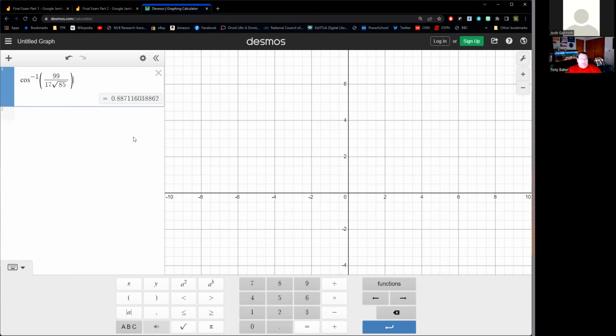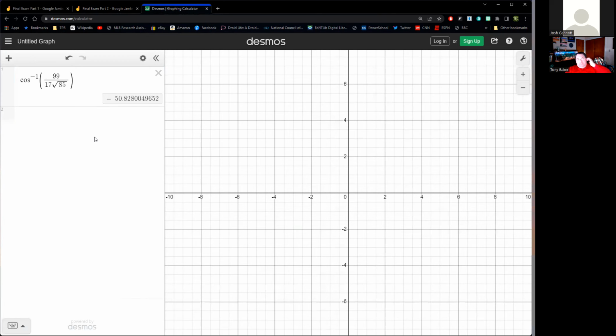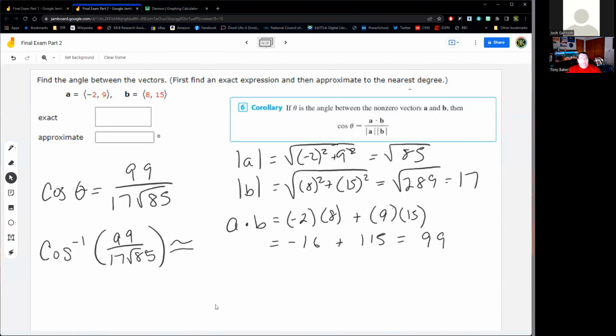Make sure it is in degrees, which this is not. Click there. There we go, in degrees. So when you plug that into the calculator, you get that. So that's the exact value.